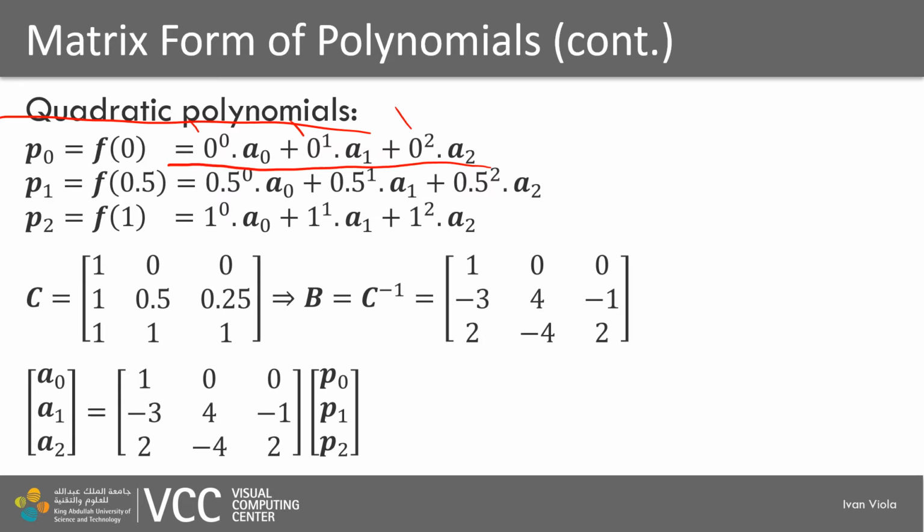So we will have one point P0, which will be at the start of our quadratic polynomial curve. This will form the F0. And then we will have the second point, P1, which will be in the middle of the parameter range. And then we will have P2, which will be at the end of the parameter range between 0 and 1.